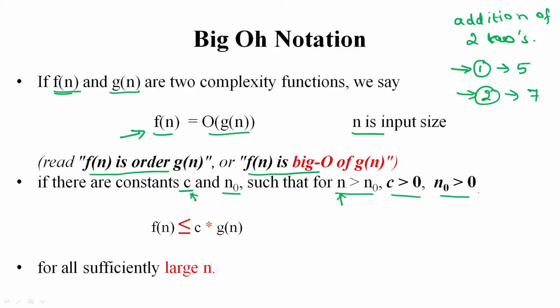If this is the case, with these assumptions, f of n, the function of the algorithm 1, is always less than or equal to c into g of n, which is related to the second algorithm. Whenever the function satisfies this condition, in that context we can use the big O notation to represent the algorithm's behavior.